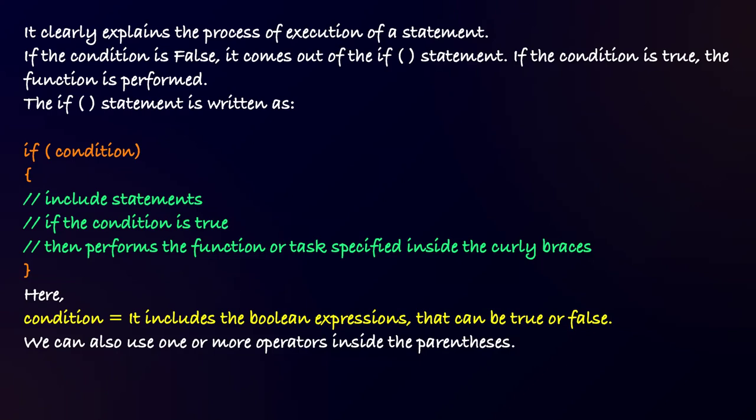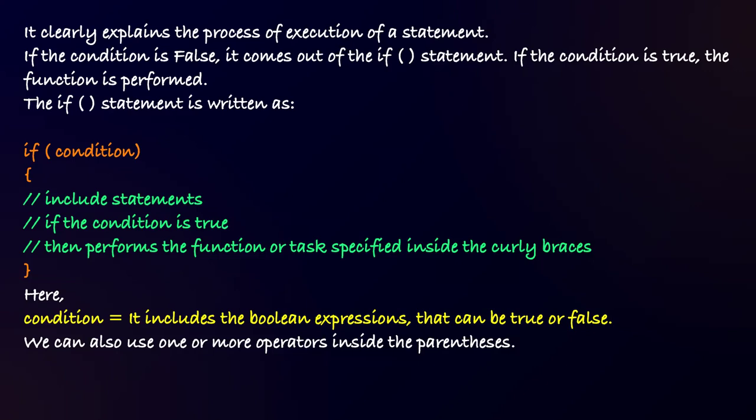For example, if I have taken an integer value, int a, and I say if a equal to 10, then something would happen, right? Then some statement is given. Instead of equal to, I can also give something else, like a is not equal to 2, where not equal to is an operator, and it is equal to 3.